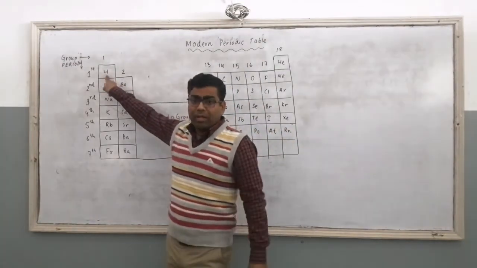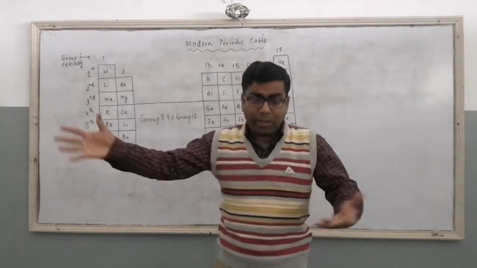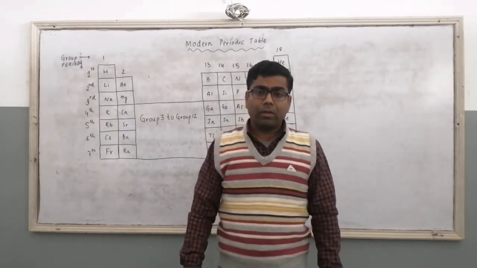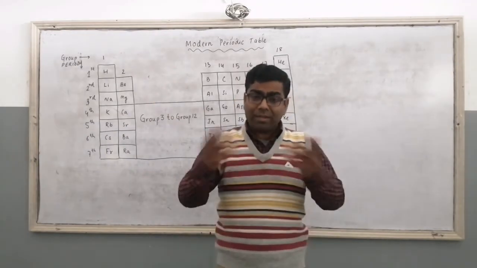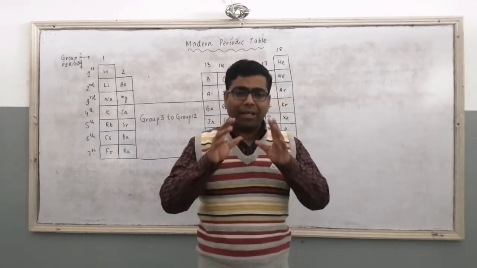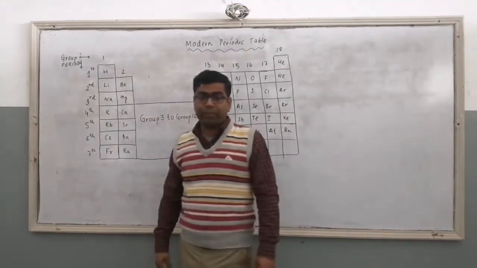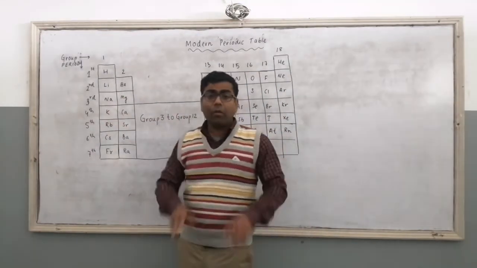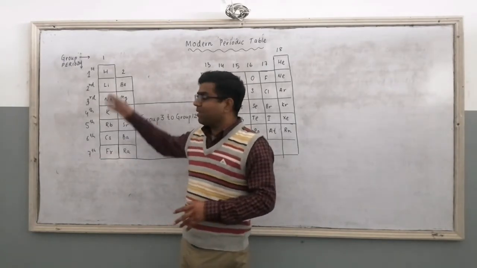Valence shell decides the atomic size. Here, valence shell is 1. Here, valence shell is 2. So, valence shell is going away from the nucleus. So, when you move from H to Li, atomic size increases due to progressive addition of energy level. If we talk about lithium and sodium, in sodium, the valence shell is 3rd. Lithium, valence shell is 2nd.